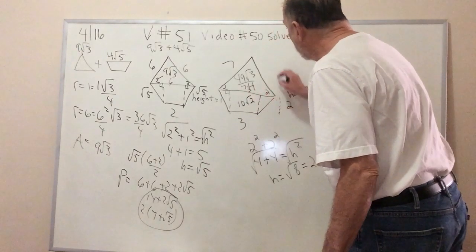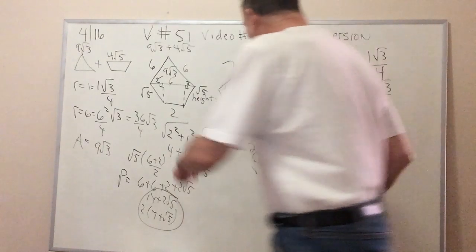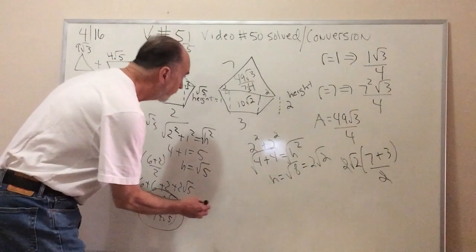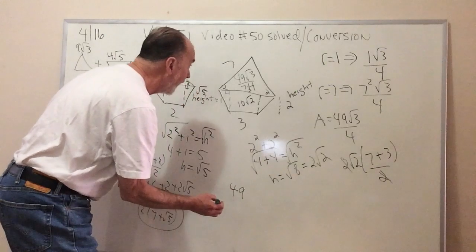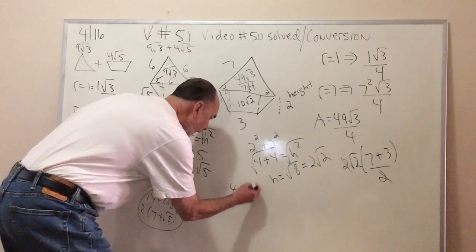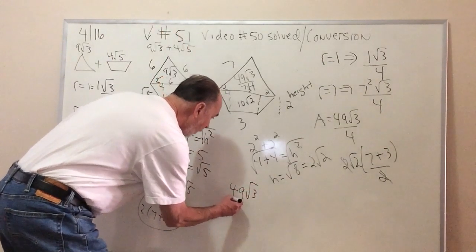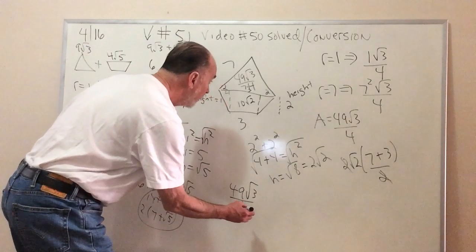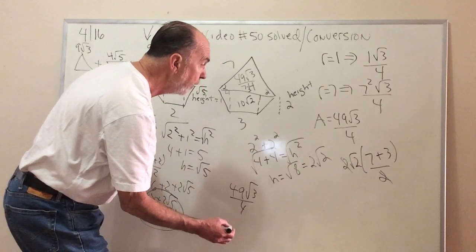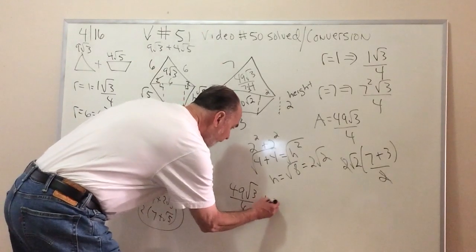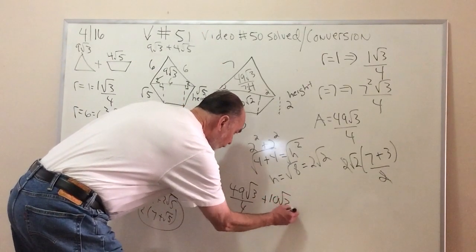Okay? So the answer, if I'll write it right at the bottom here, is not that it's a particularly profound answer. It's 49 radical 3 over 4 plus, what do we have over here for the trapezoid? We had plus 10 radical 2.